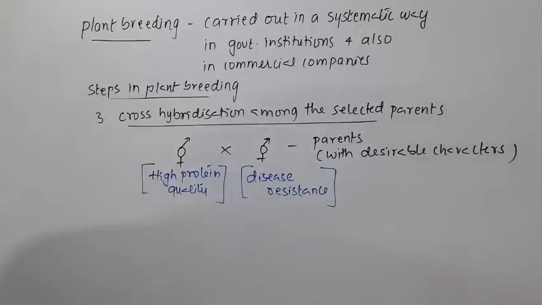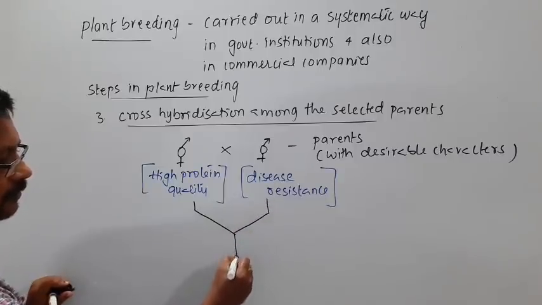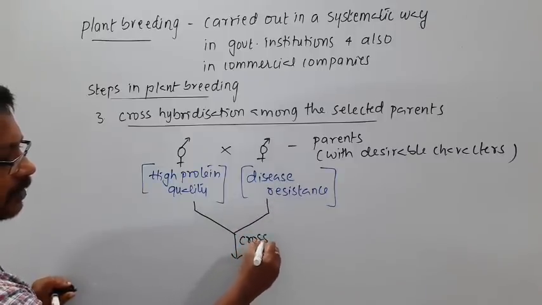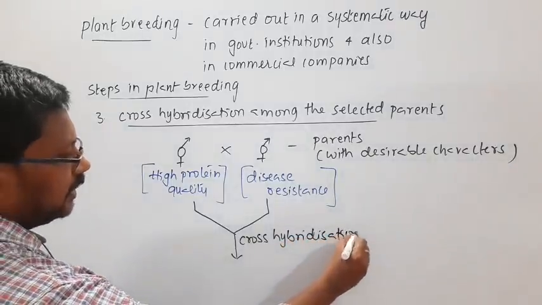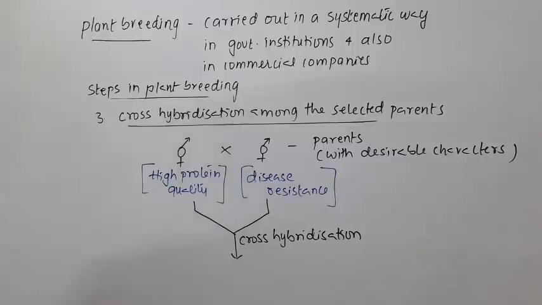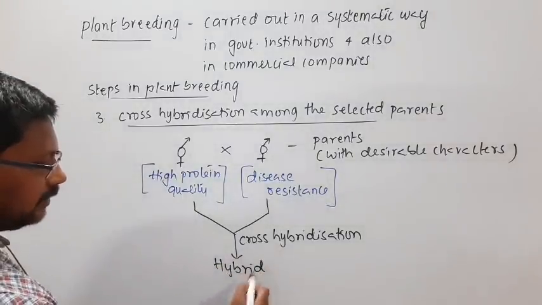Fine. So that's cross hybridization. That is just transferring the pollen from a flower present on one parent to the flower of another parent. That will help in producing the hybrid.